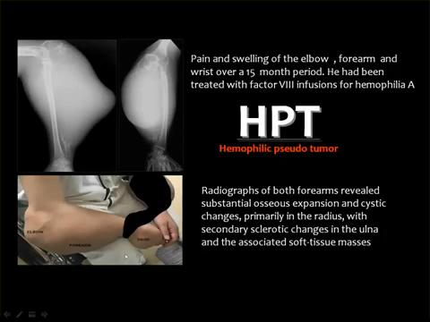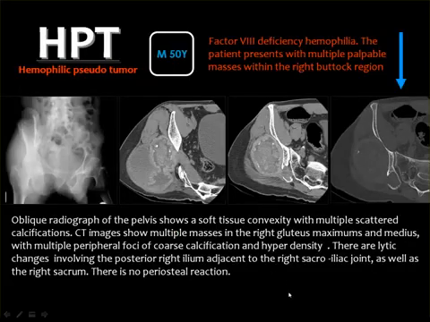And this is a very big hemophilic pseudotumor in the forearm of a patient known to have hemophilia. Then you get a very big expanding lesion with a soft tissue component that is unilocular, with marked thinning of the bone margins.